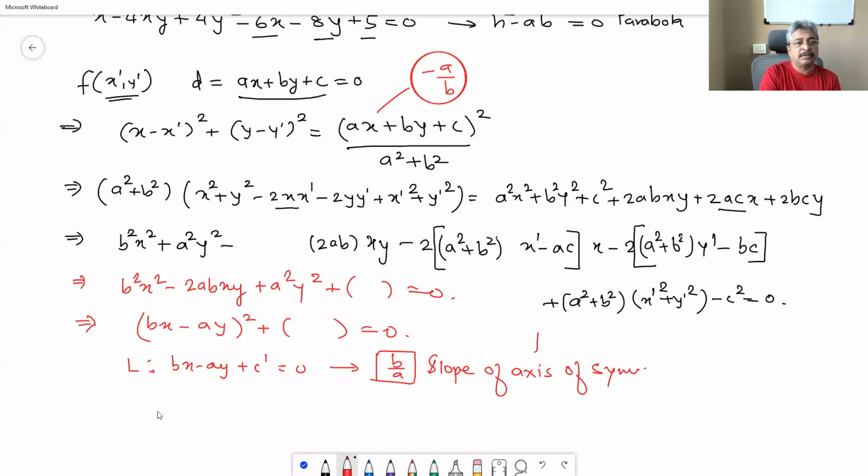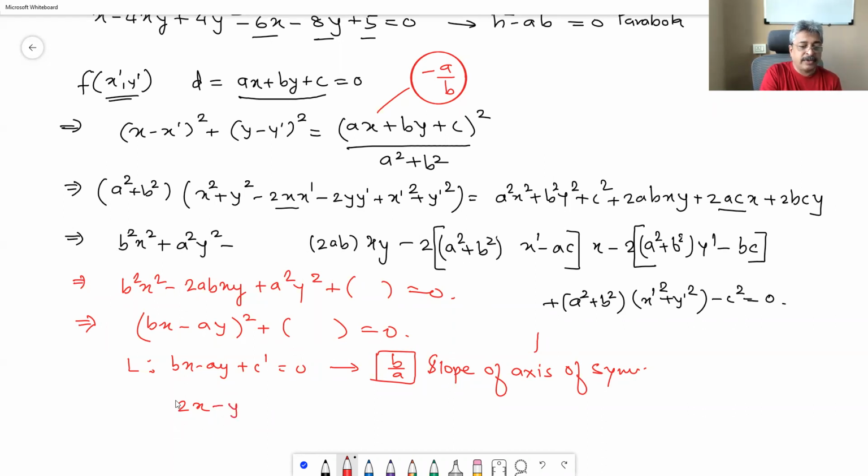In our problem, b is 2, so 2x, and a is 1, so 2x minus y.